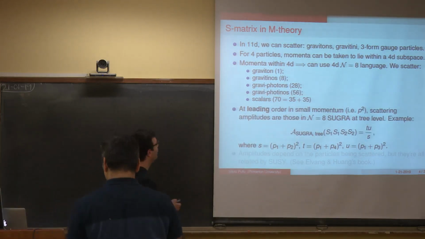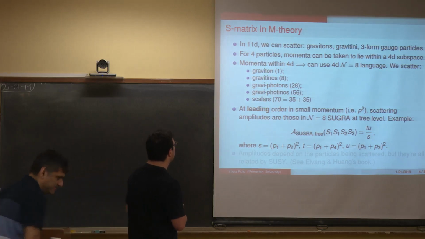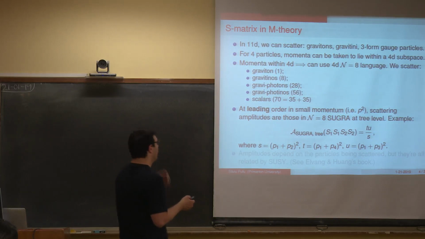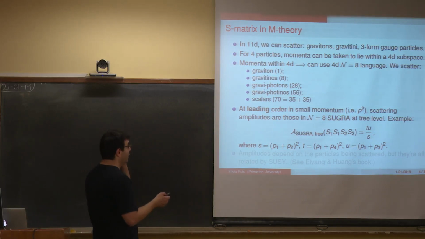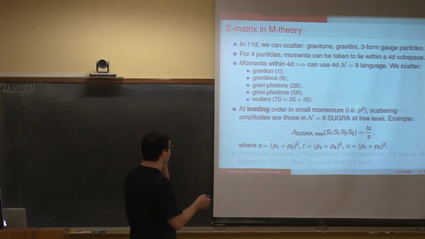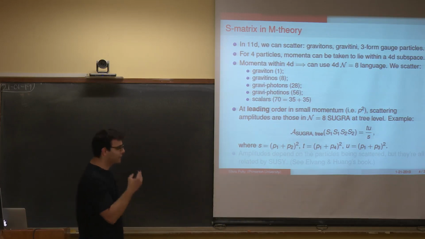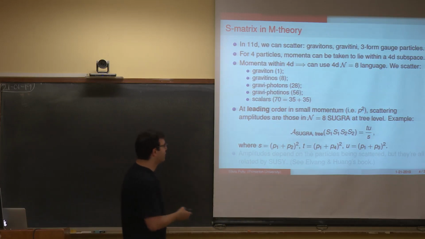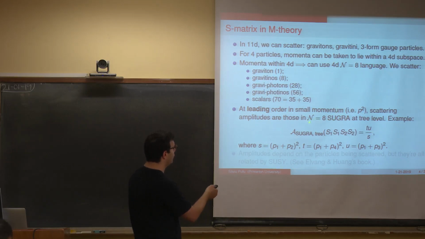Okay, so what do these scattering amplitudes look like? Well, at leading order in small momentum, leading order meaning momentum squared, we have scattering amplitudes in n = 8 supergravity at tree level in 4 dimensions. So, tree level scattering in 11D is the same as tree level scattering in 4D.